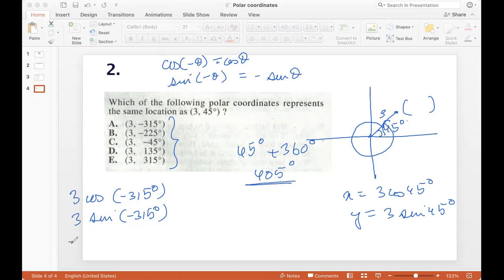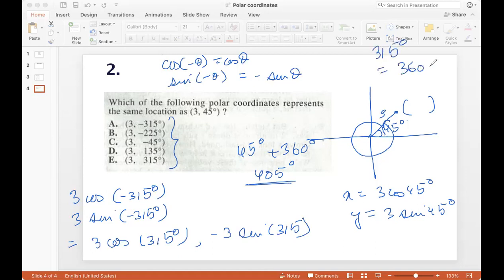So this is the same as 3 cos 315 and minus 3 sine 315. Correct? Now, what about 315? 315 is 360 minus 45, right? So this would be 3 cos of 360 minus 45 and minus 3 sine of 360 minus 45.